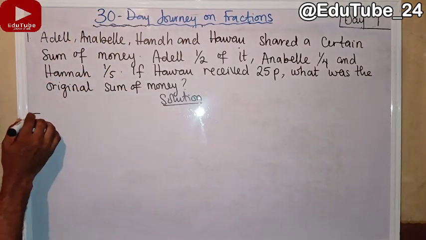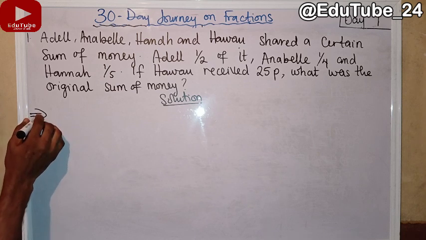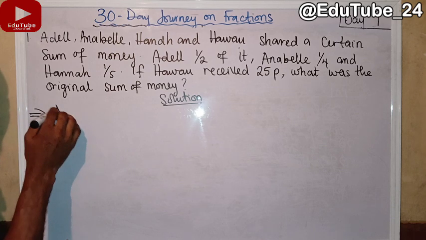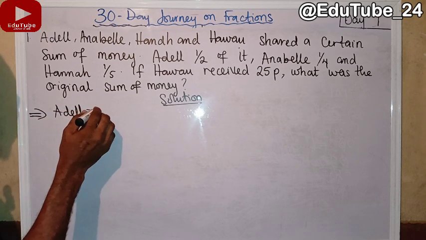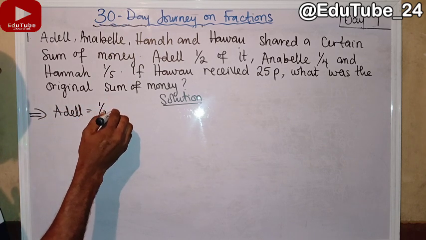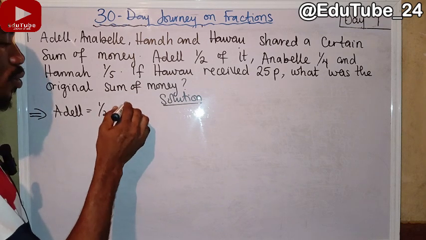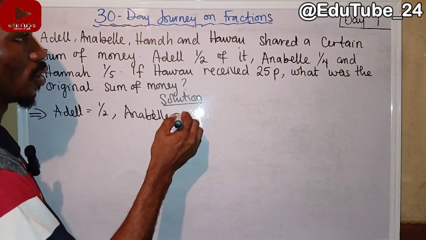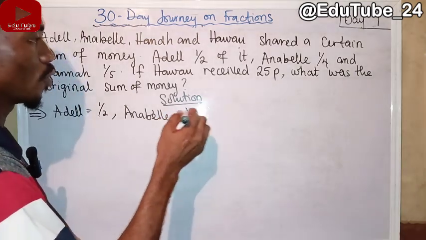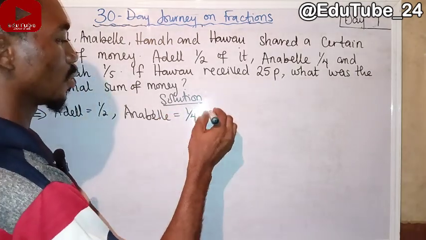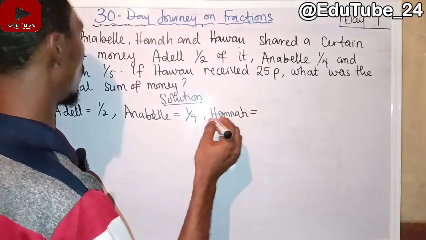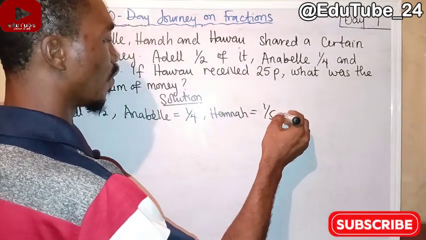Simply, we just write out the fractions of money received by the first three sisters. So let's start with Adele. Adele is equal to 1/2, and then Annabelle is equal to 1/4, and then Anna is equal to 1/5.